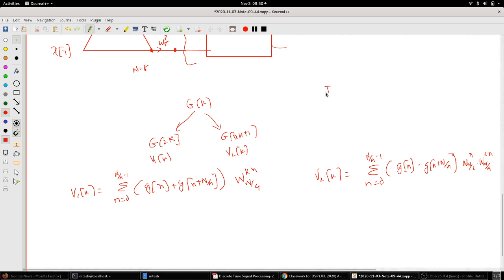Same thing will be followed for I of k. I of k will be further split up into, let's say, w1 of k and w2 of k.